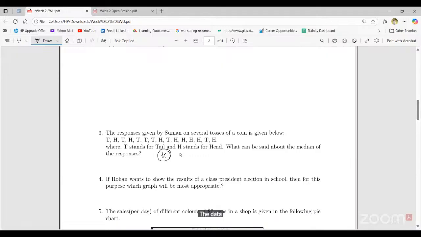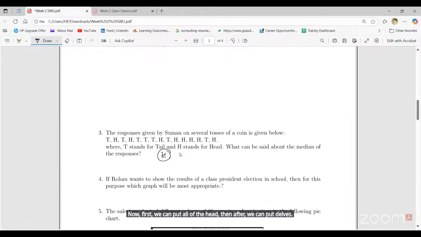The data that I have provided, is it ordinal data? No, currently not. So how can you say my median is head? We can arrange it. How can you arrange if you don't have any order, if you don't know which is greater than which? First we can put all of the heads, then after we can put tails.